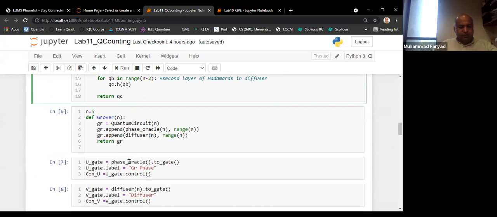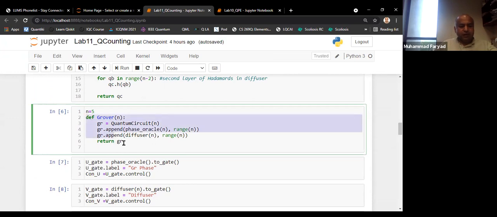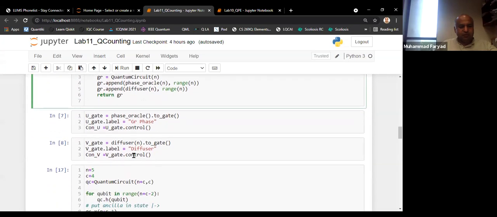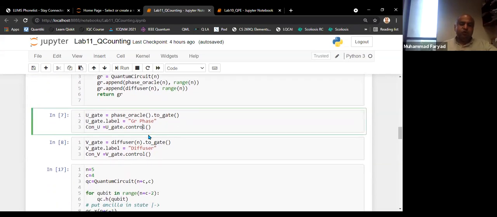Okay, so let's now prepare this Grover algorithm, this Grover circuit. Now I have to use this phase oracle and diffuser again and again. So I'm going to convert them to a gate, and the scheme to convert a circuit to a gate is given here.